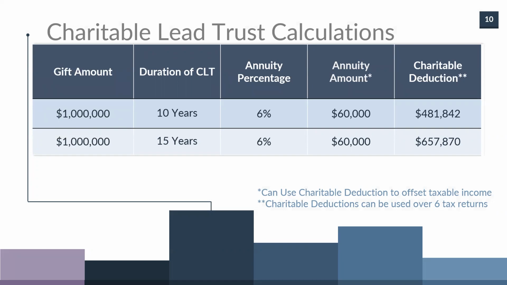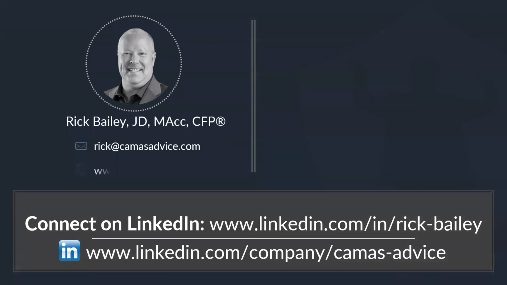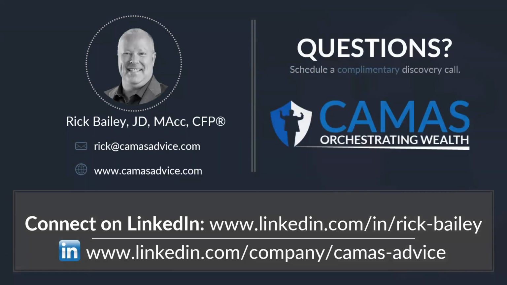At the end of the 10 or 15 years, depending on the length of the trust, whatever's left in the trust reverts back to our client. And now the client can use that for retirement, for whatever they want. What the Charitable Lead Trust does is create an opportunity to eliminate a lot of tax and benefit the charity, and it can be a great planning strategy for clients that are charitably inclined.